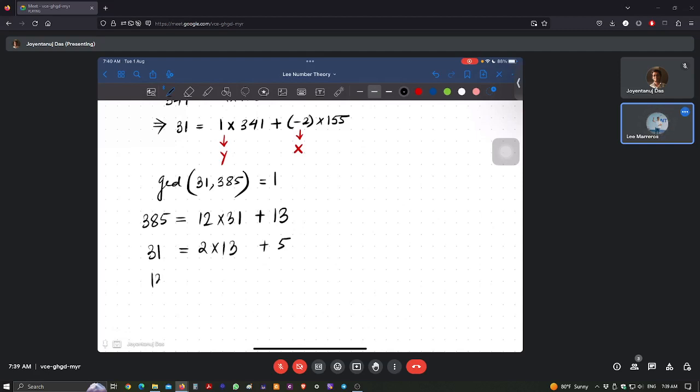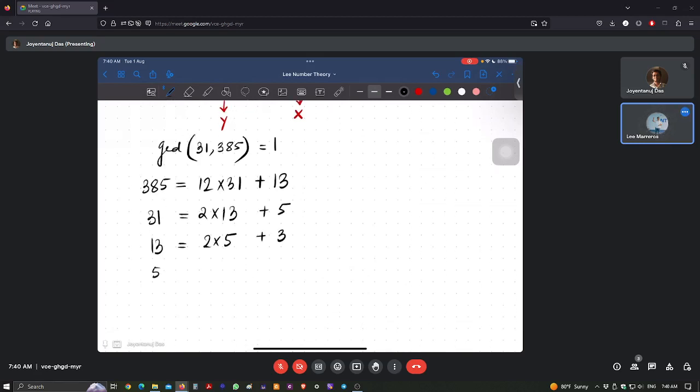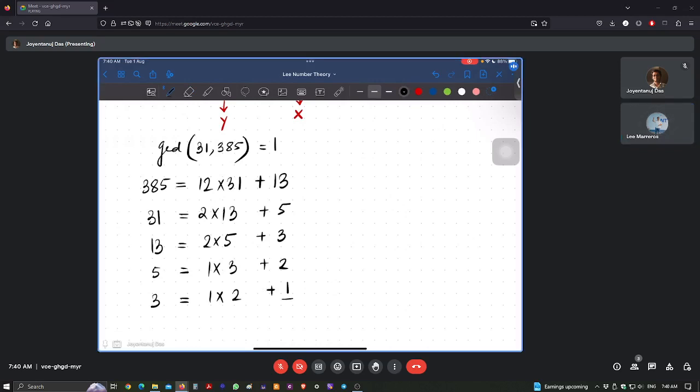Then 13 is 2 multiplied by 5 plus 3. 5 is equal to 1 multiplied by 3 plus 2. 3 equals 1 multiplied by 2 plus 1. Right, so we already got this one, our GCD.